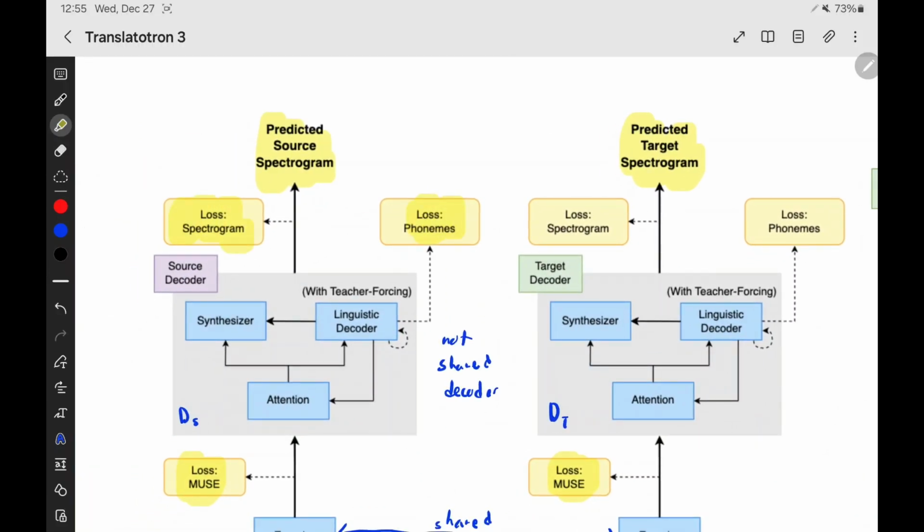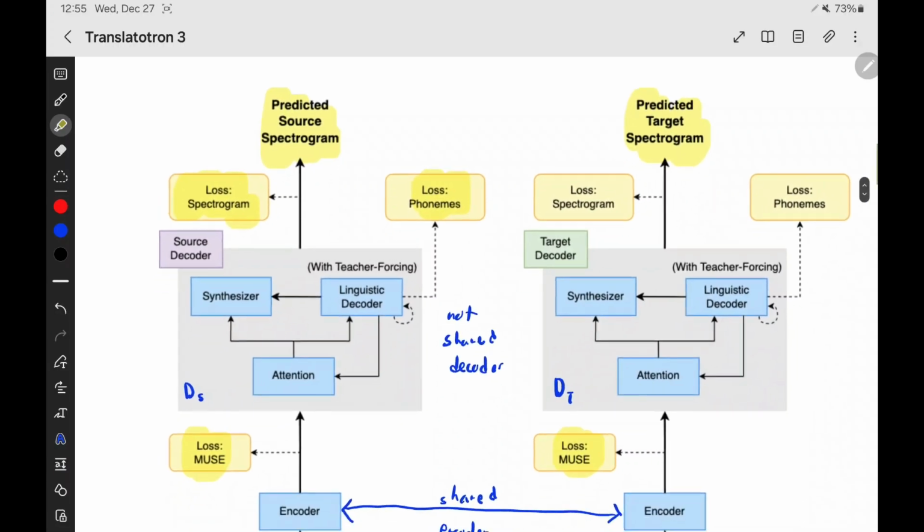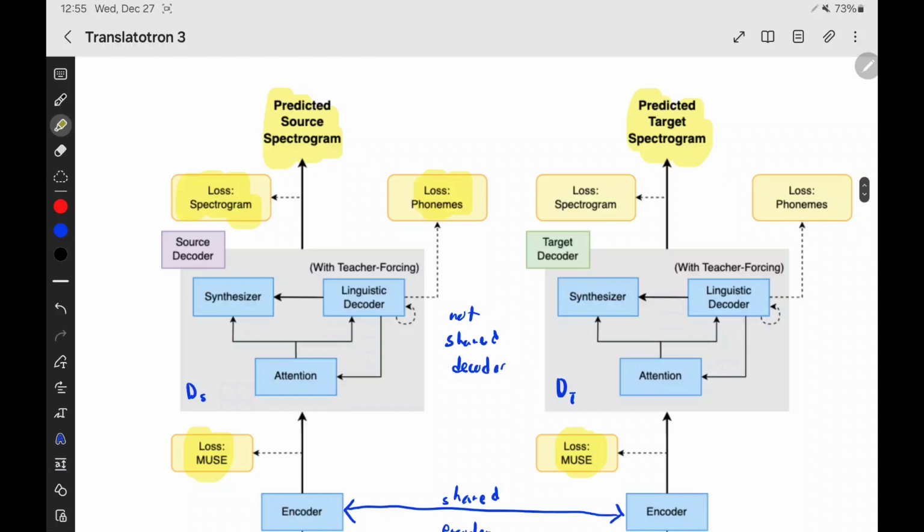They also have a phoneme loss, which Translatotron 2 also had. Basically, the phonemes are like English, and it's like decoding a sentence in a way. It's like decoding a sequence of words, a sequence of tokens.